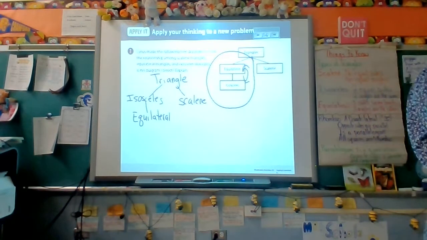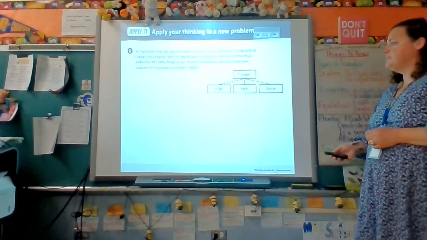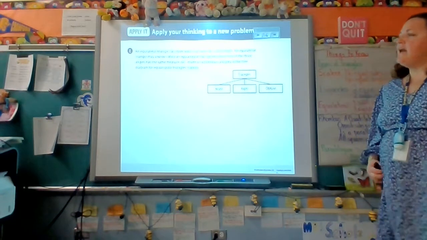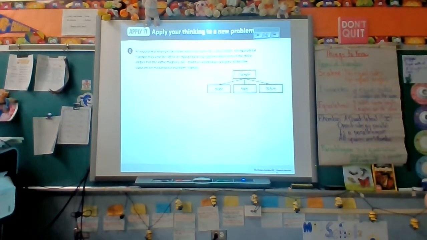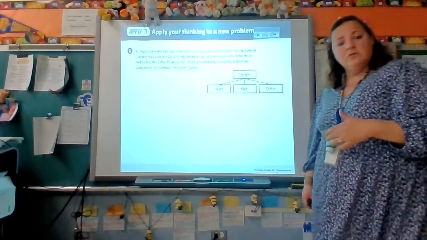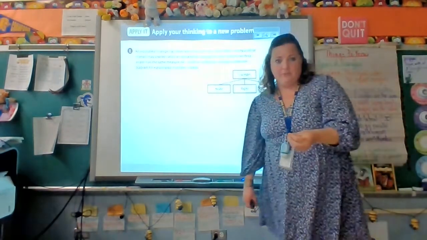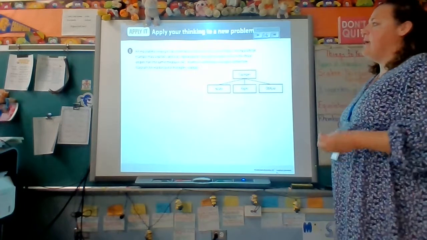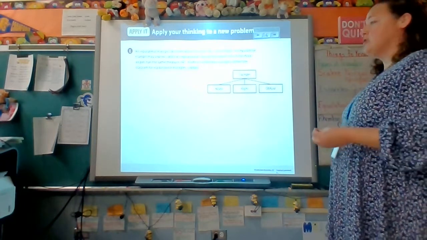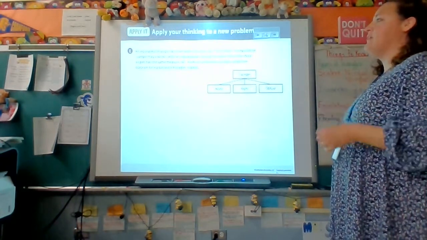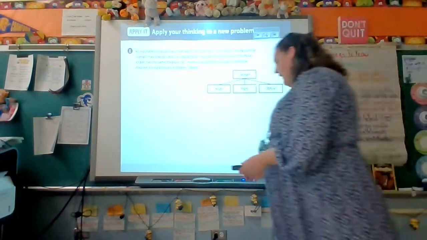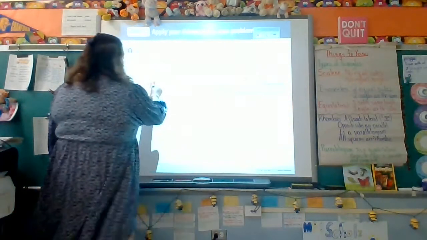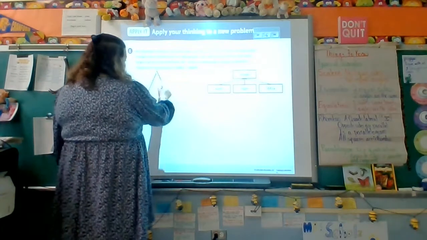Let's try another one. An equilateral triangle has three sides that have all the same length. That's why it's called equal. You let the words help you figure these things out, right? An equilateral triangle may also be called an equiangular triangle because each of the three angles has the same exact measure. I'm going to butcher this, you know I can't draw.